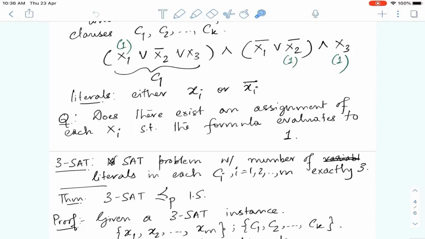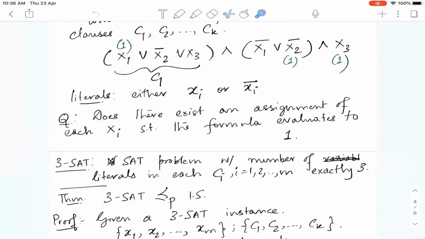Literals are Boolean variables or their negations, so either an xi or an xi bar. You take the ORs of some literals and then the ANDs of these clauses. That gives you a satisfiability instance. The decision problem is: does there exist an assignment for these xi's so that this formula is satisfiable?